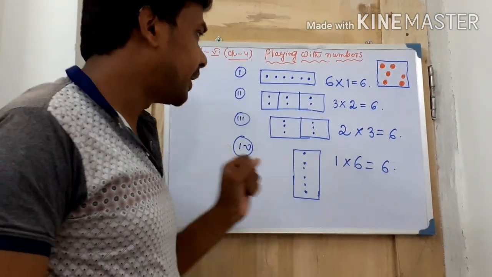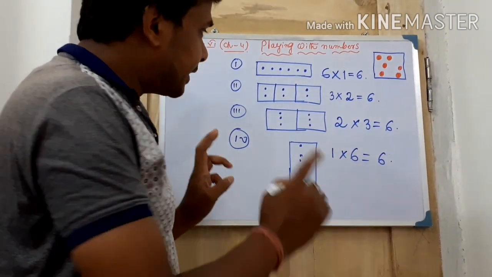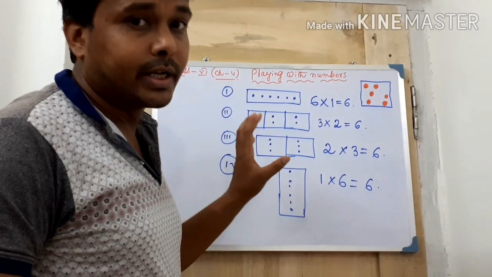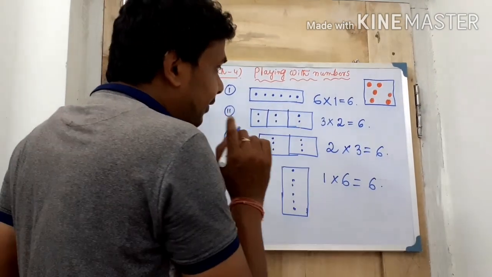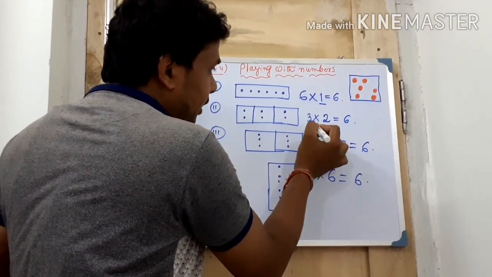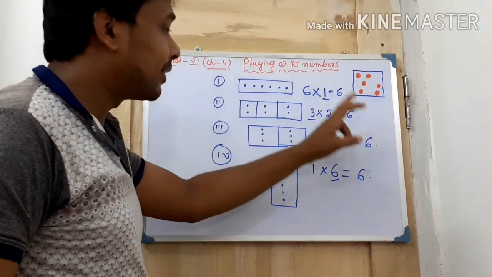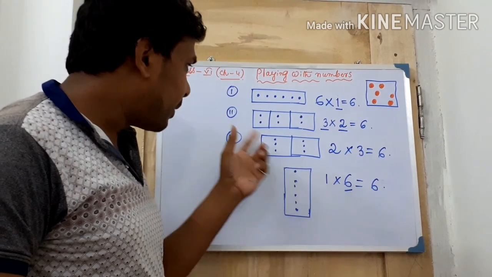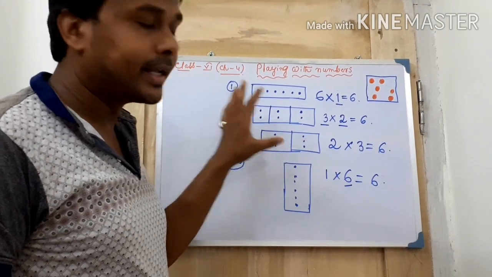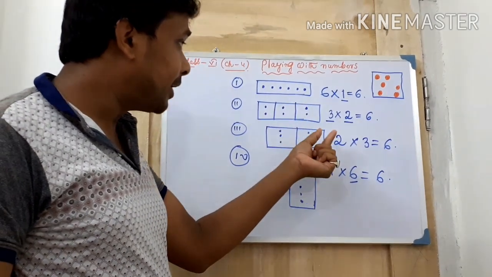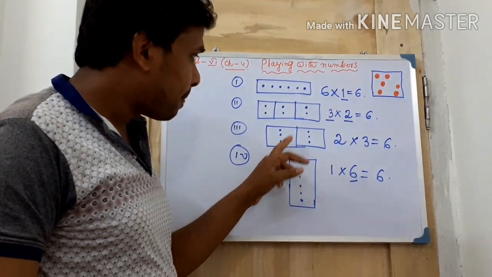So from here, what idea will we get? Actually, in this case, we can easily calculate the factors of 6. What are the factors? First of all, 1, 3, 2 and 6. These are the factors of 6. So by arranging the marbles in different ways, we are able to calculate the factors.